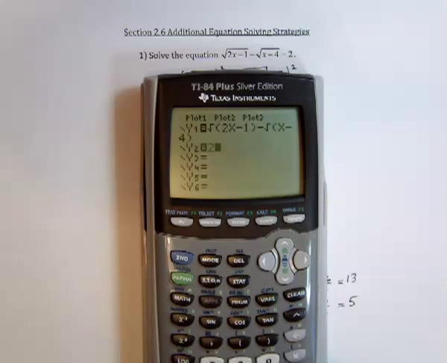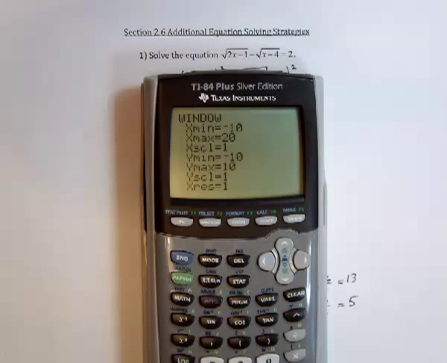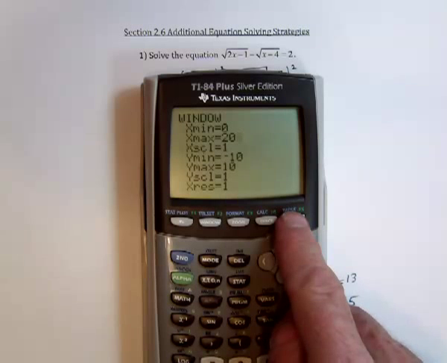And when does that equal 2? Now, I need the x to go out to at least 13, so I'm going to change the window and have the x go from 0 to 20, since we're looking for the answers of 13 and 5. And then go to the graph.